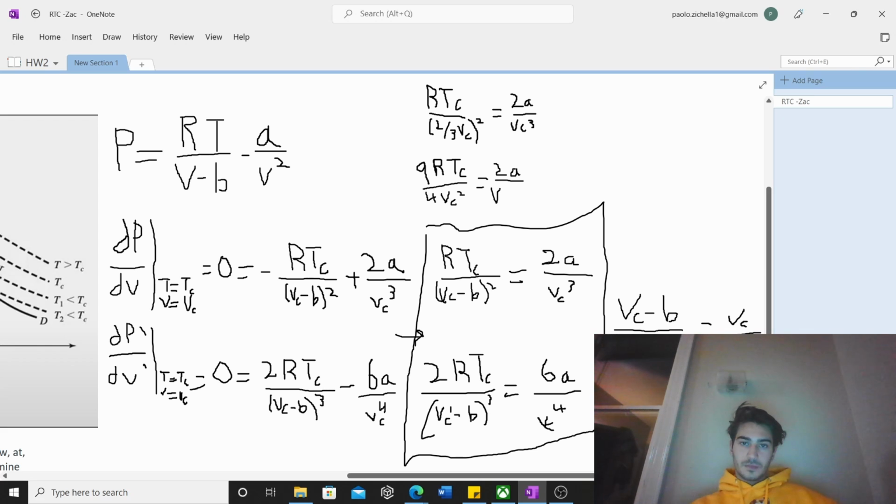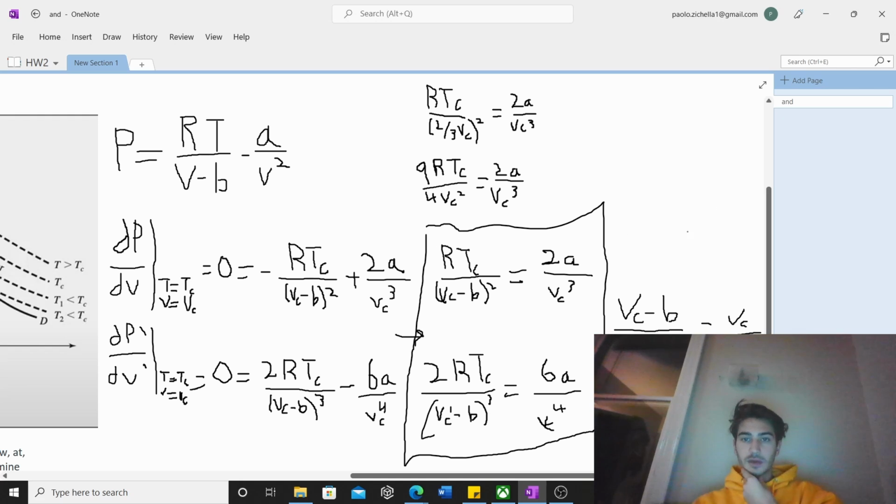And what we can do from here is just a simple algebra aspect that we've been using every day of our lives. Cross multiply, right? We know that we have some denominators, and if we cross multiply, we can simplify it out.